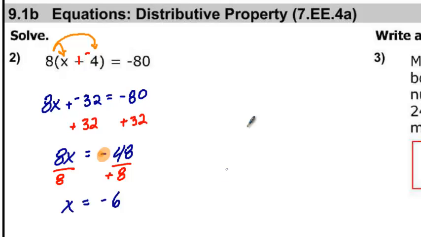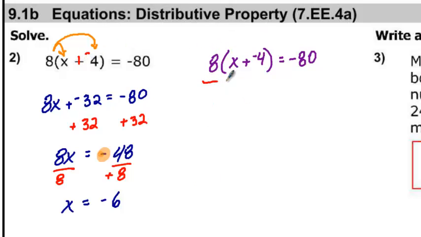Now let's look at a second way that we could solve that. So let's go back to 8x plus negative 4. Actually, let's take it back a step further. Let's go to 8 times x plus negative 4 equals negative 80. So the only thing we've done now is we've changed it from subtracting 4 to adding a negative 4.